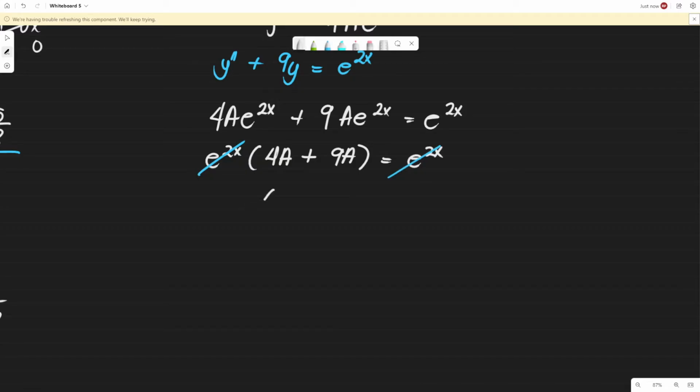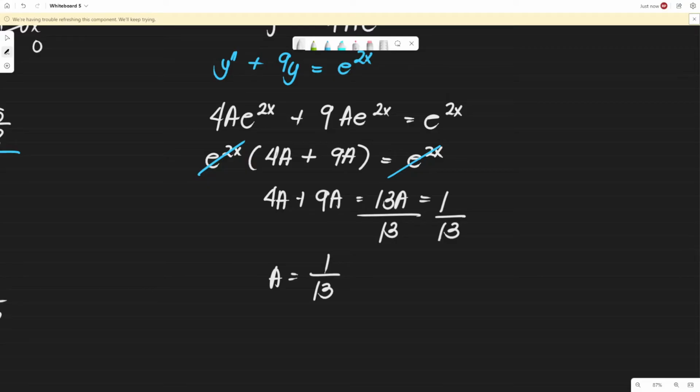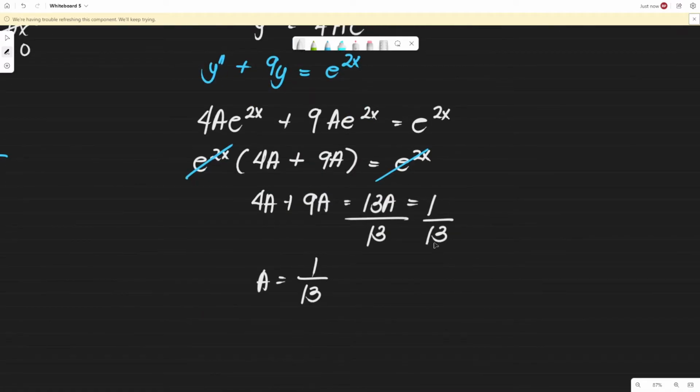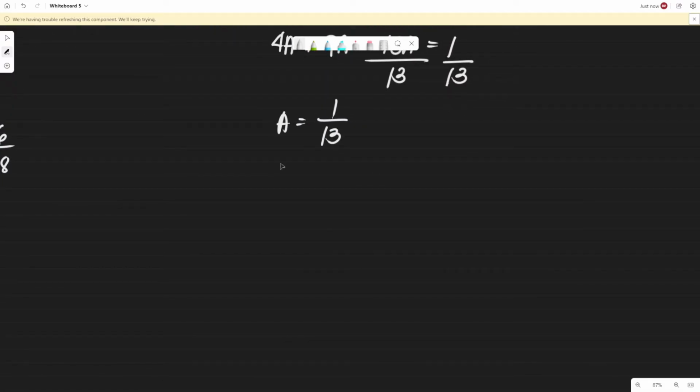So we have 4a plus 9a, which is equivalent to 13a, is equivalent to 1. Not 0, ha? Remember, there is a numerical coefficient of 1, even if you don't see it. So divide both sides by 13. So a is equivalent to 1 over 13. This is the value of a that we are going to substitute to y for yp. So we have 1 over 13 e raised to 2x for yp.